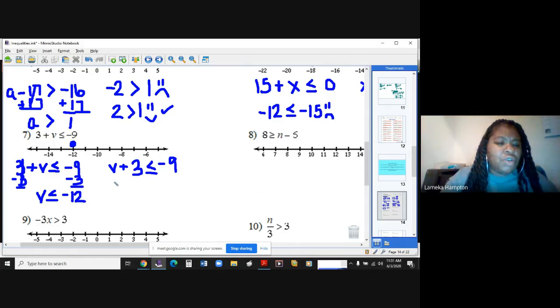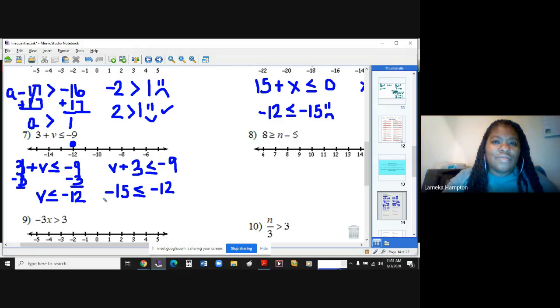Now, let me pick negative 15, which would be over here. So I'm going to pick negative 15 less than or equal to negative 12. Is this a true statement? Yes or no? No. Okay. Let me ask you this. Between negative 15 and negative 12, which one is closest to zero?